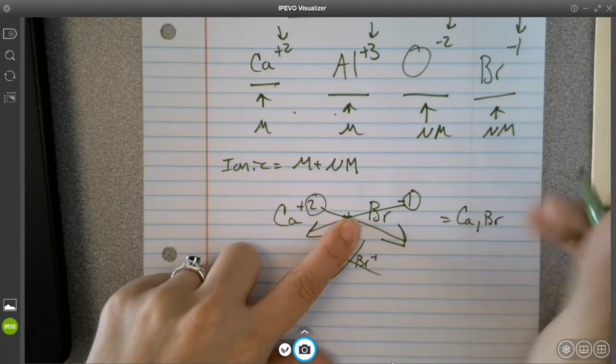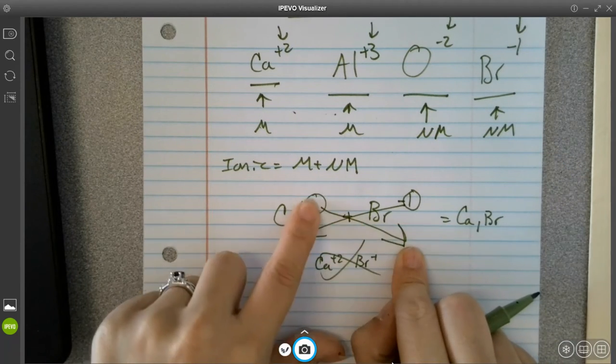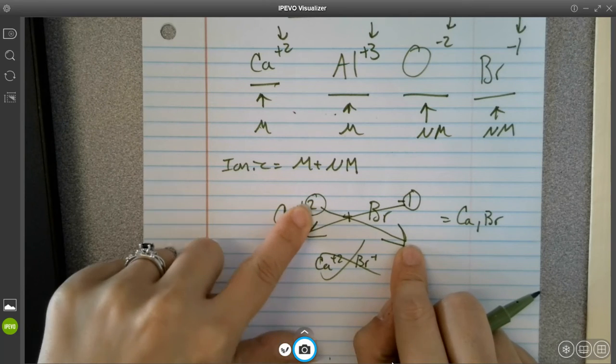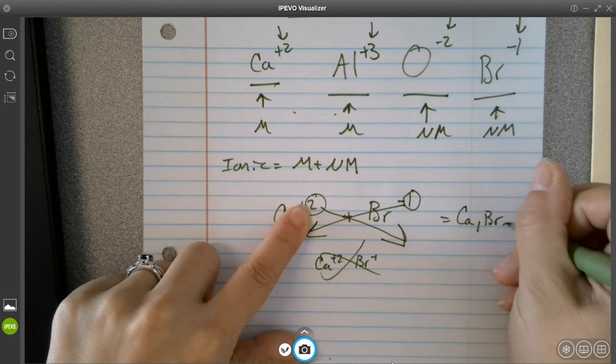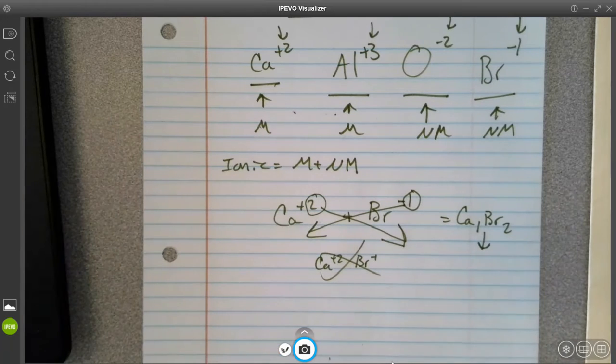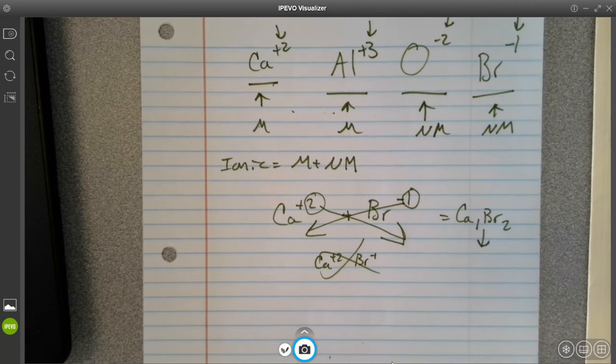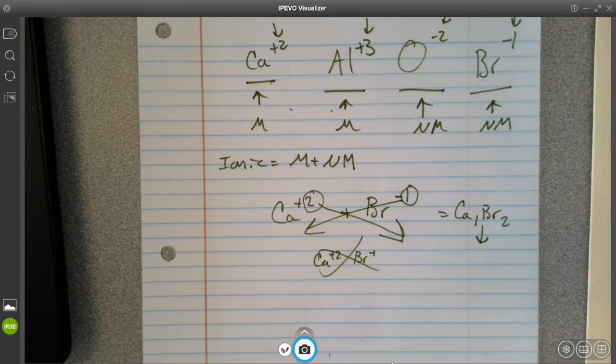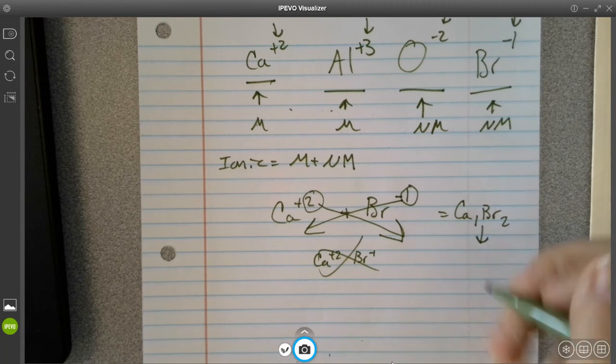Br, my number here is brought down from my charge, so I would have 2 that's brought down. Technically in chemistry, we don't like writing ones. That's just the way it goes. So when you write a 1 here, it's technically not acceptable. I'm not going to count it wrong in physical science, because y'all are still learning.